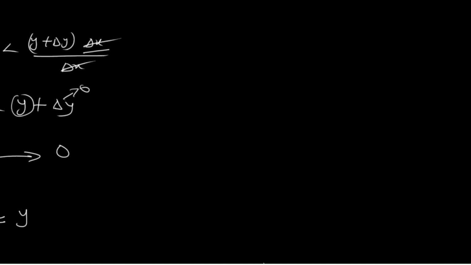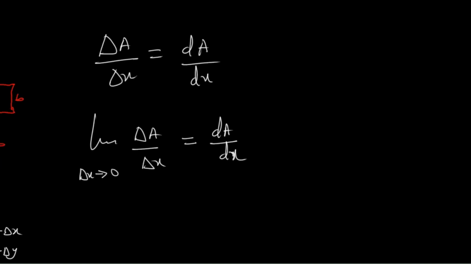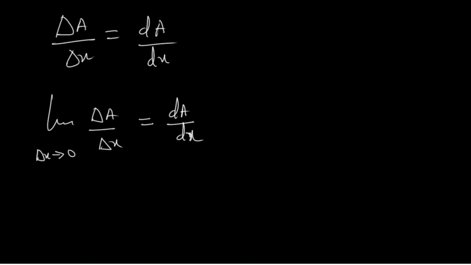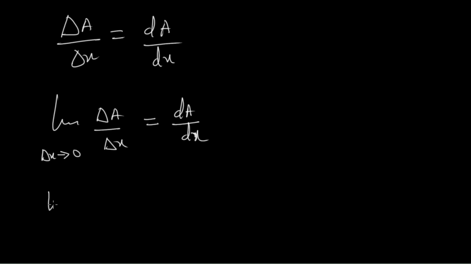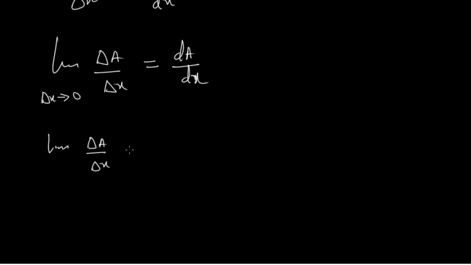So if I change this back to y, I'm going to have this to be my y, since I know that the limit of dA over dx equals y.